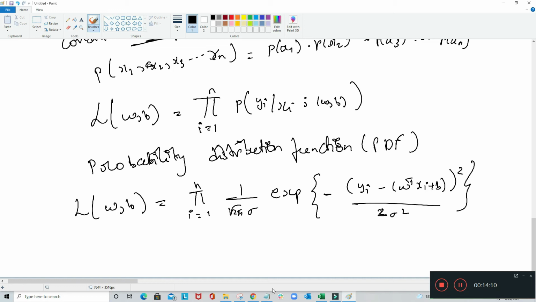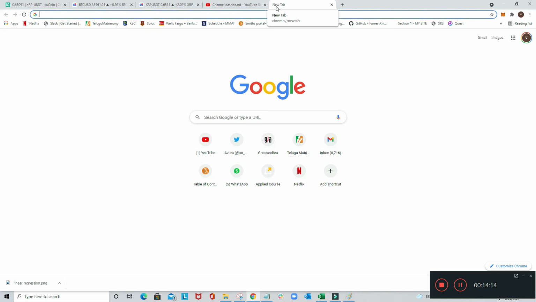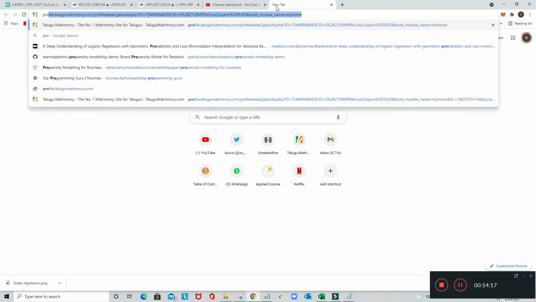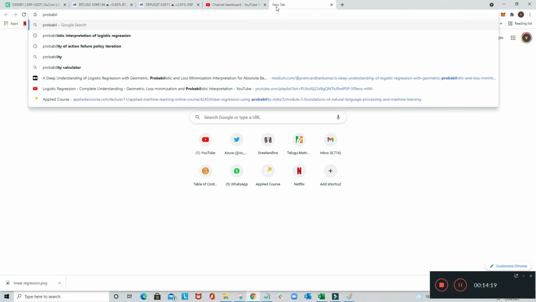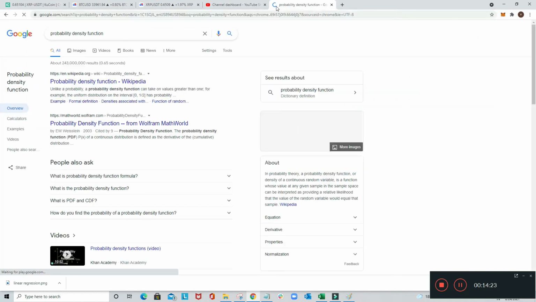This equation I got it from here. Probability density function.